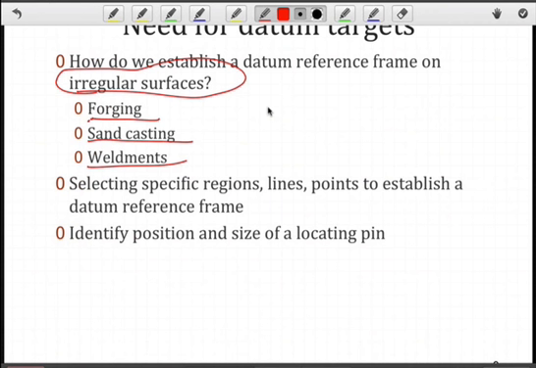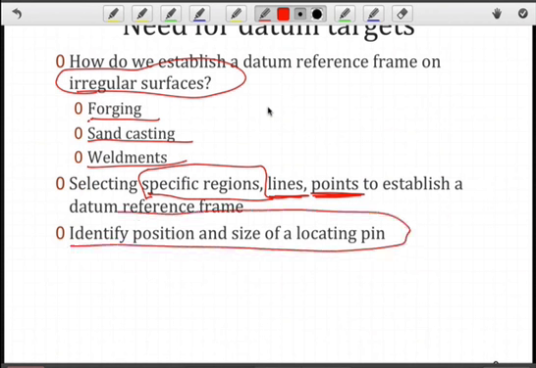And when that occurs, it might be difficult to establish a datum feature based upon those irregular surfaces. So what we could do is go for a specific region, an area, or a line, something that could form a line such as an edge, or a specific point on the surface that we know is dependable.